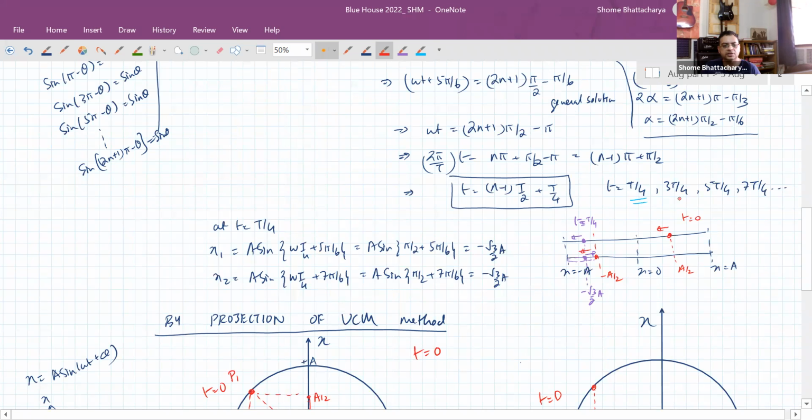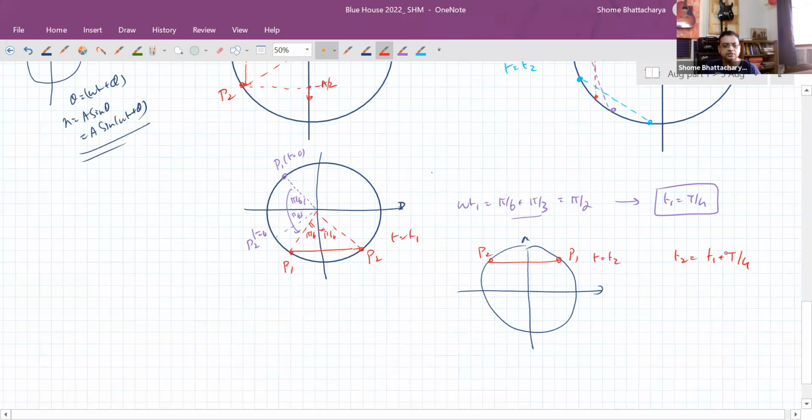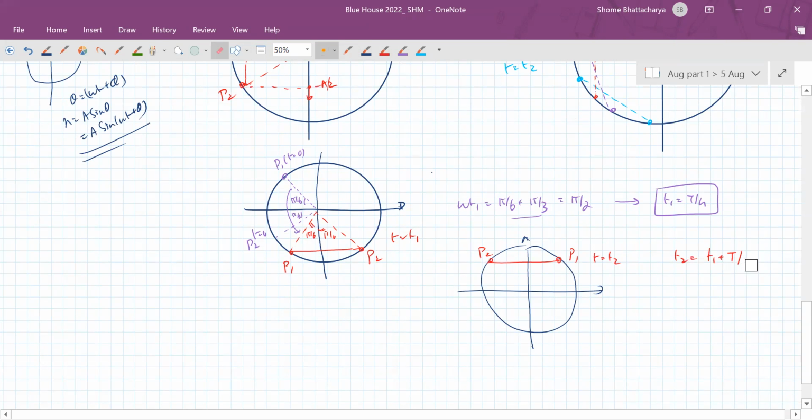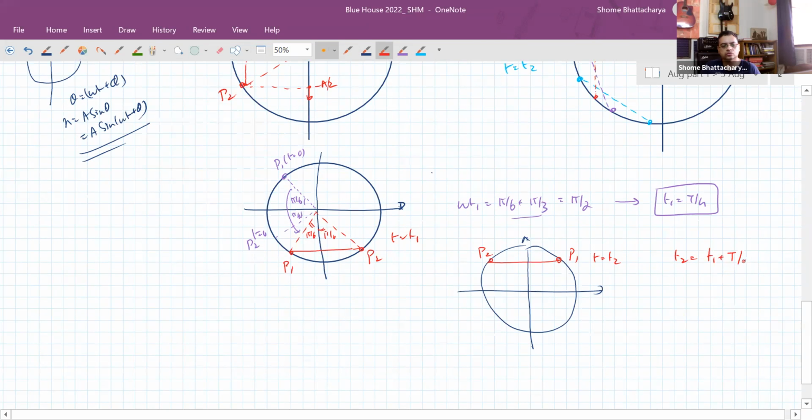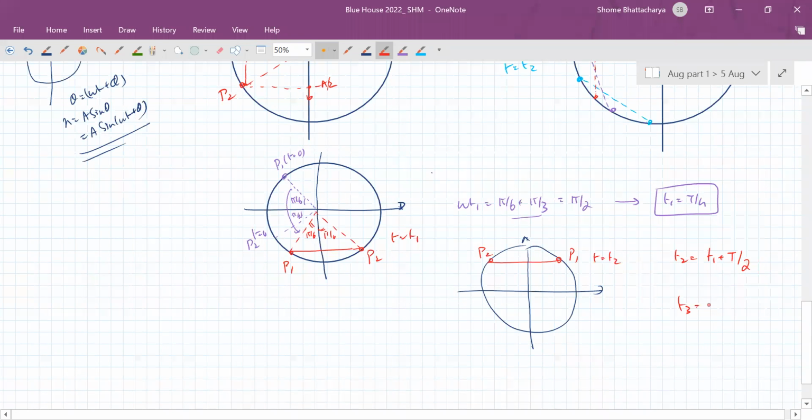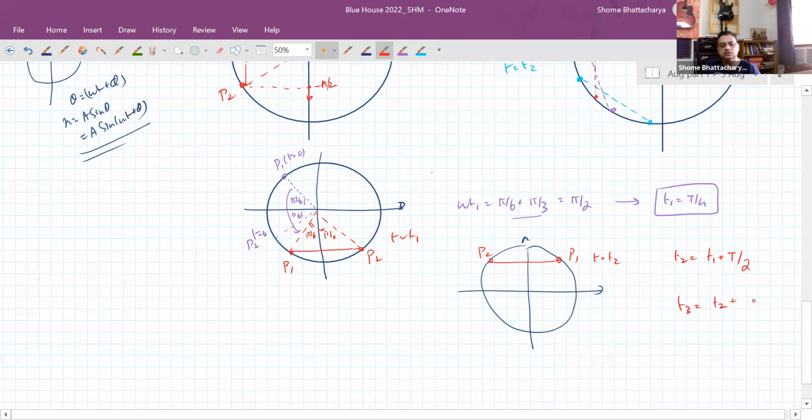T by 4 plus T by 2 over here, because they are going by 180 degrees. So this is T by 2. Then the third time will become T2 plus T by 2 like that. So that series becomes like this: T by 4, 3T by 4, 5T by 4, and like that.